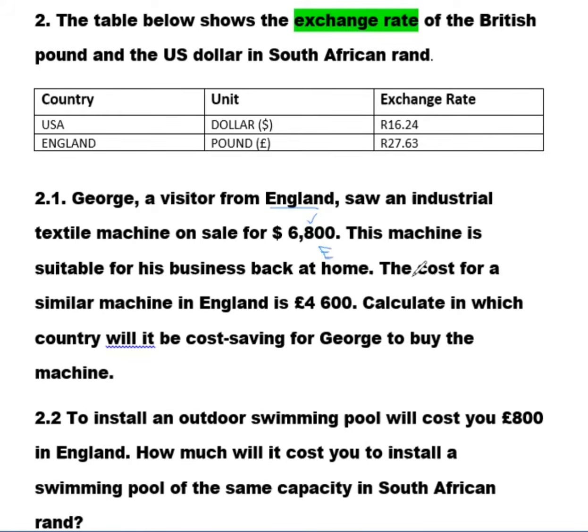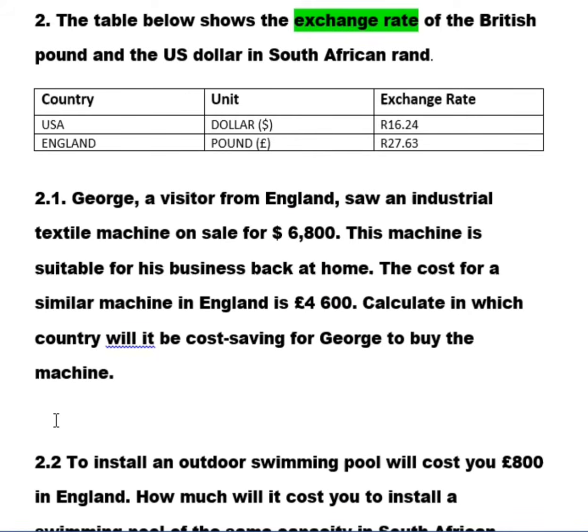Now, the cost for a similar machine in England is 4,600 pounds. So 6,800 was in dollars. The one back at home is 4,600. So he wants to know which country will be cost effective for buying the machine.